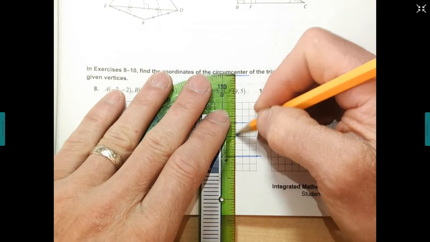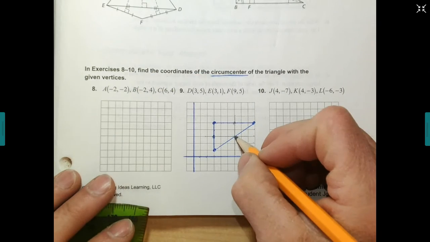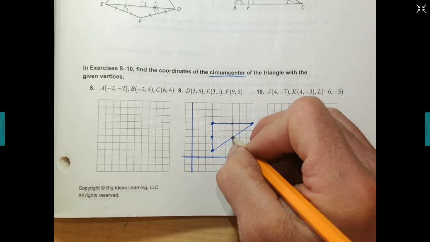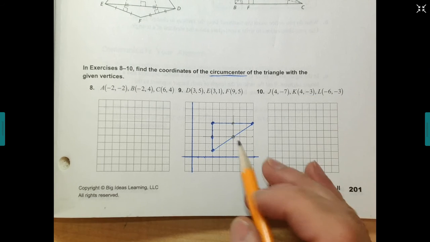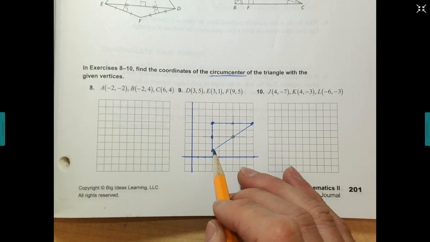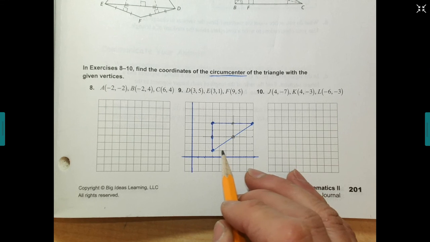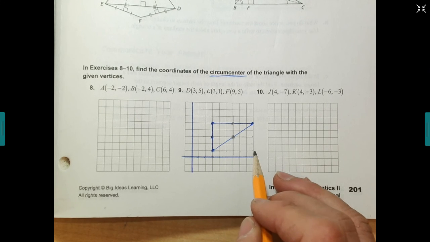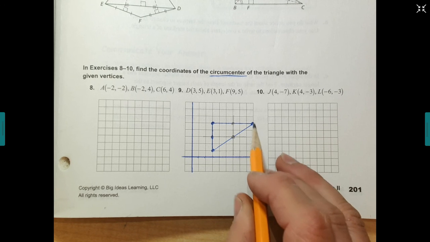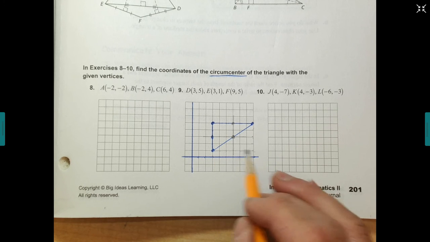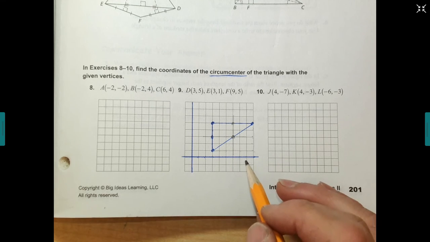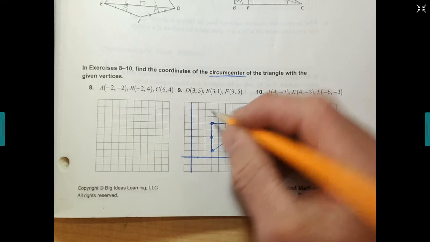Perpendicular. Hey, look at that, it's landing right there. So hopefully that's the middle of this one. I'm going to assume it is. Yep, it's the middle this way, and the middle this way would be right there. So got it.